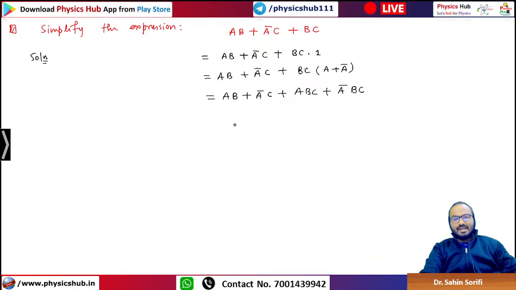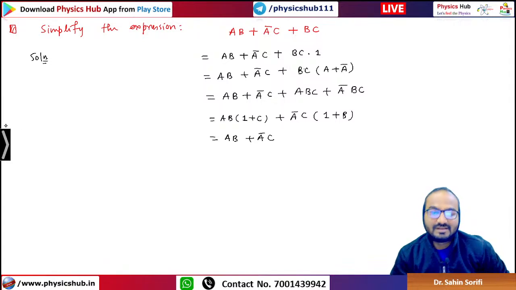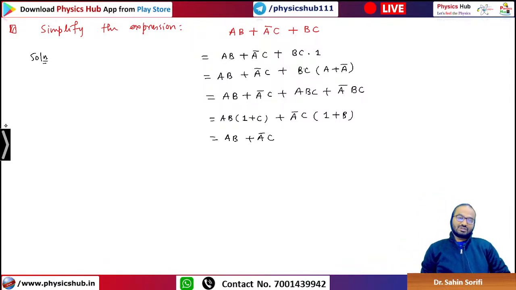So AB we can take common, 1 plus C, and A complement C we can take common, 1 plus B. So AB plus A complement C. This BC part doesn't carry any weight. So this is the simplified form.